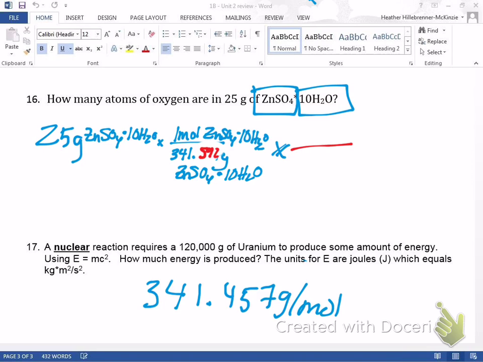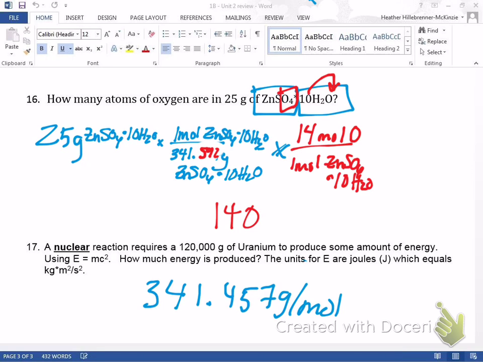So in 1 mole of our zinc sulfate decahydrate, we have how many waters? You should have 14 moles of oxygen, 10 plus the original 4. Because look, I got 10 here and I got 4 here, which gives me a total of 14 oxygens, yes? So it'd be 14 moles.